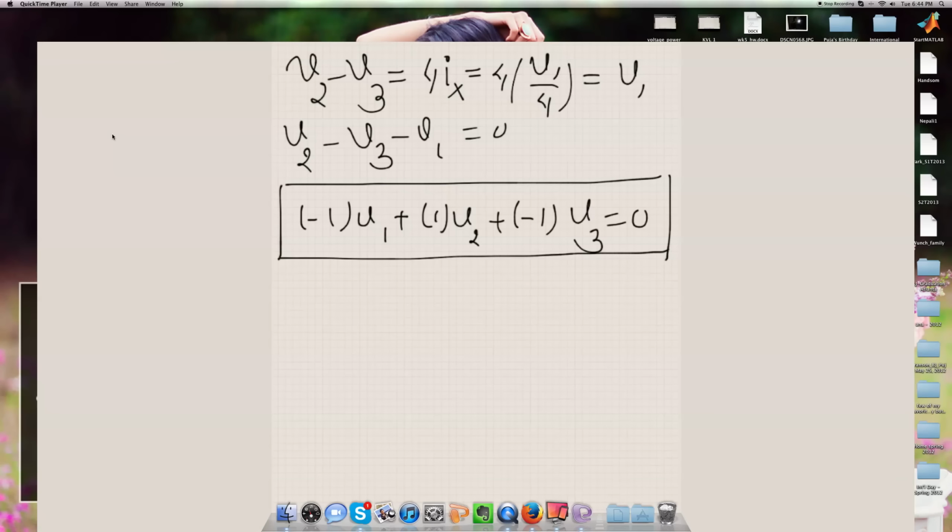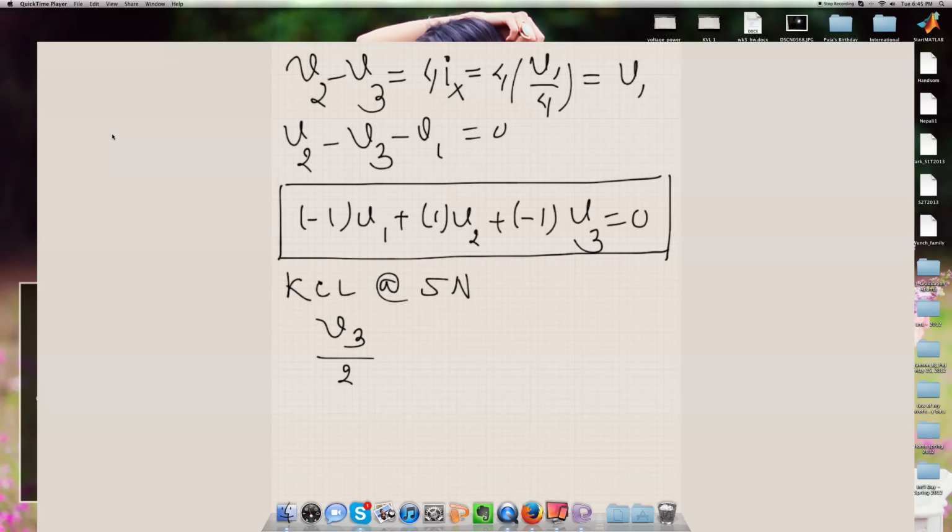What else we have? If we consider the supernode consisting of node 2 and 3, we can consider the KCL at this supernode. It's got the 1, 2, and 3 legs. Onto the ground, we have current flowing from the supernode in an amount given by V sub 3 over 2.